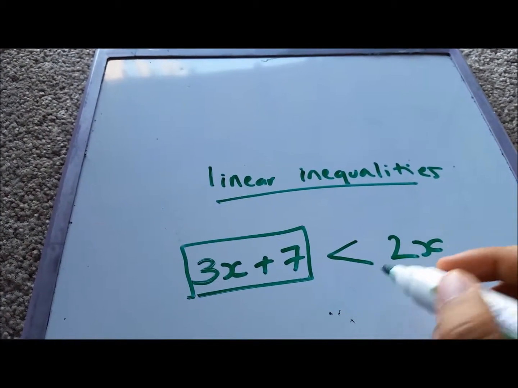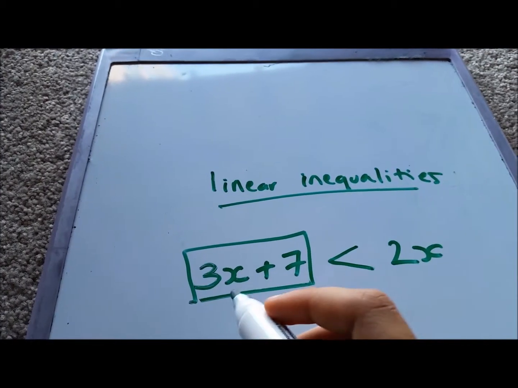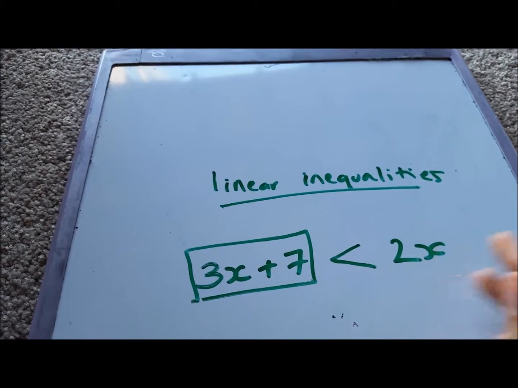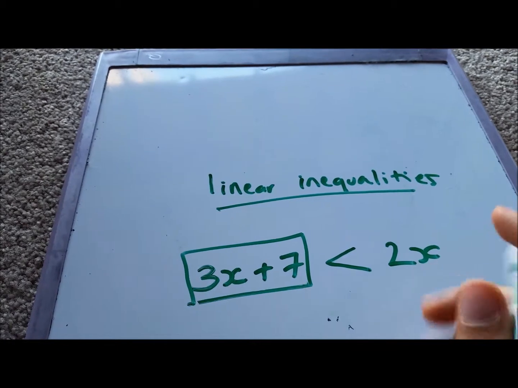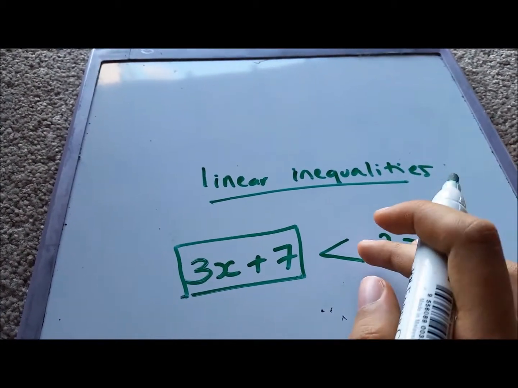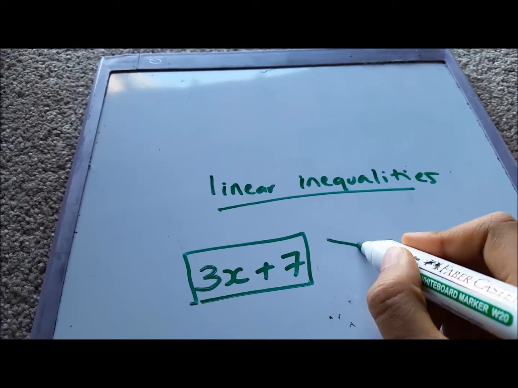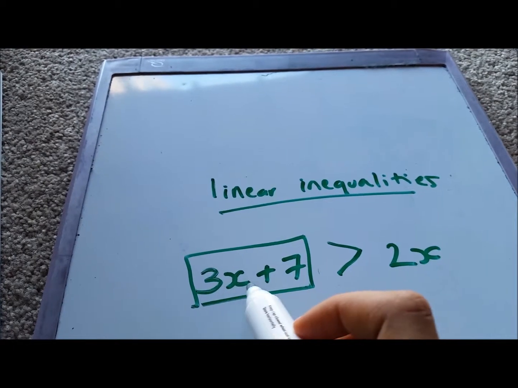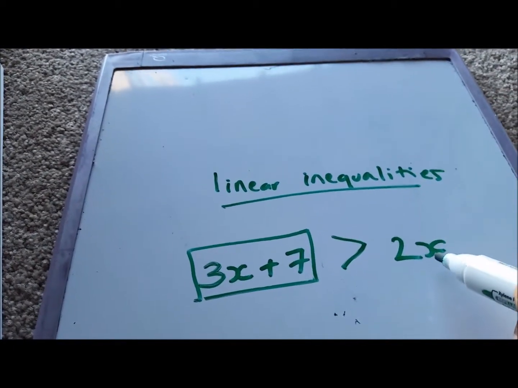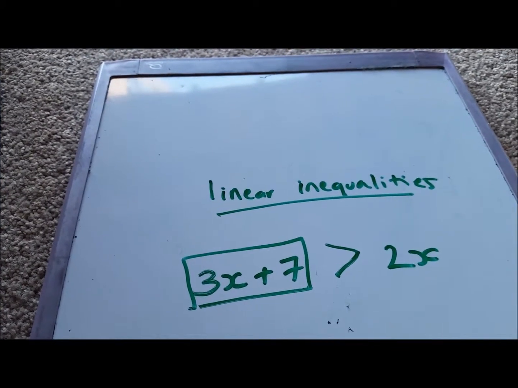By removing that line, we are saying that the value of 2x is greater than 3x plus 7, so they are not equal to each other. And if we flip that to the other side, then that means that 3x plus 7 is greater than 2x, and that they are not equal to each other.